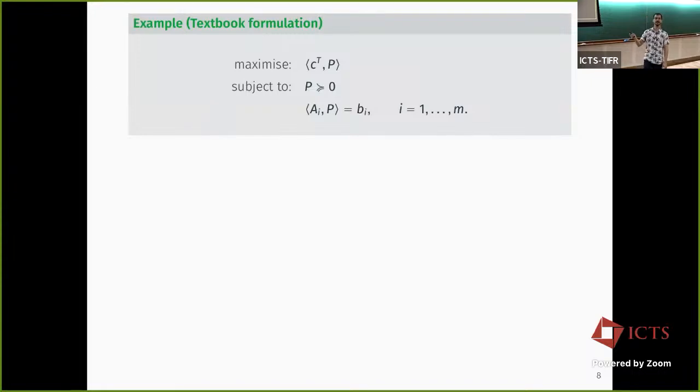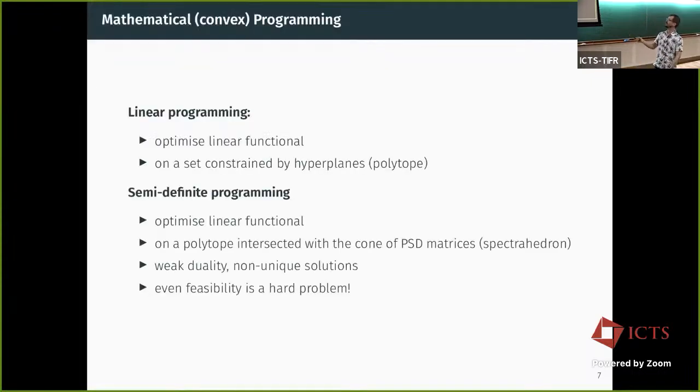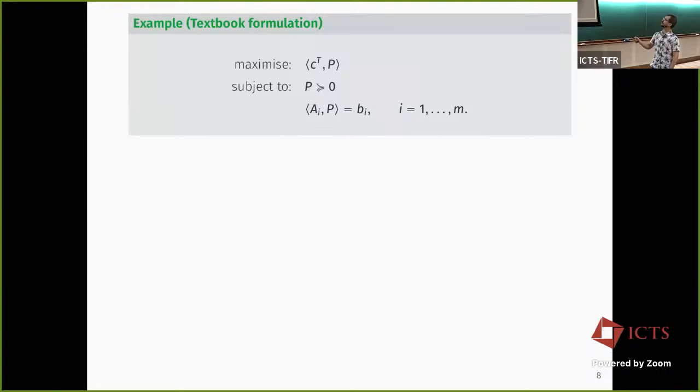So here's a text, because if you've never seen this, then it might look very abstract, but it's actually very simple, very concrete. So here is a textbook definition. What I want to do is I have this set of variables, P, which also forms a matrix, and I want to maximize some linear functional.